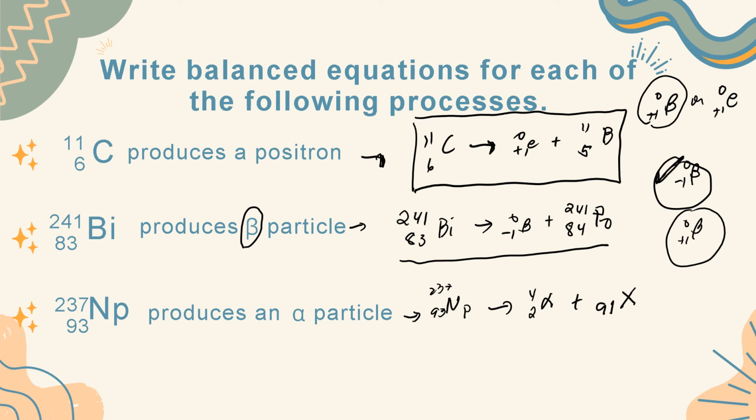And this must be 233. Right? 233 para maging 237. Same sila. So, titignan nyo sa periodic table nyo itong X na ito na may atomic number na 91. So, ang X natin, ito ay protactinium, okay, or Pa. So, this is now our final answer for number 3. So, ganun lang kadali. Alright?